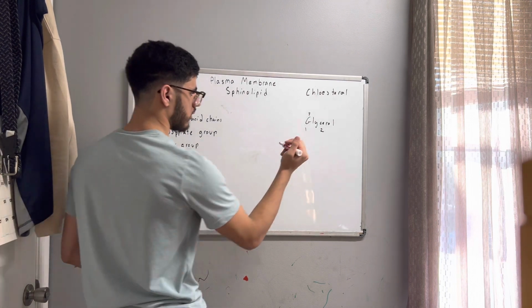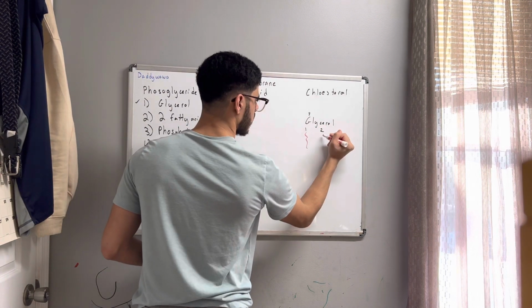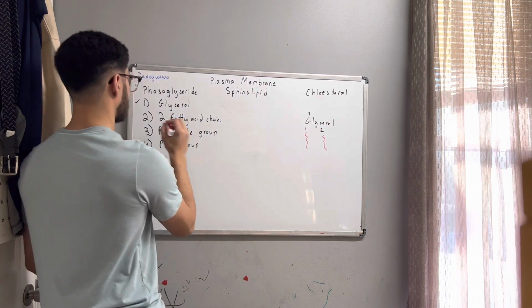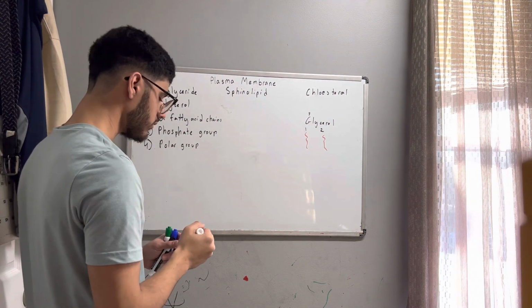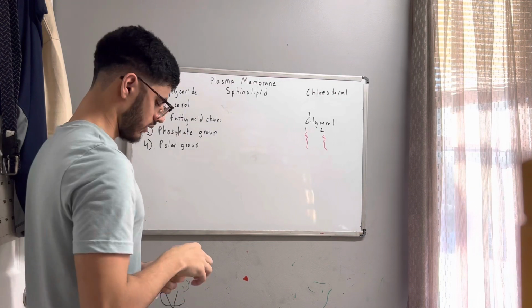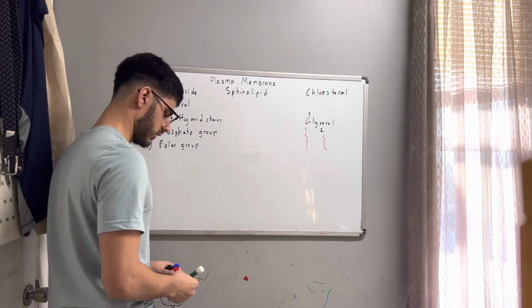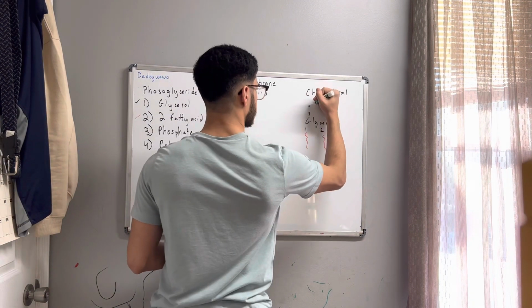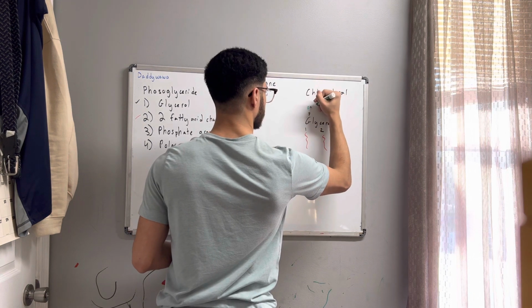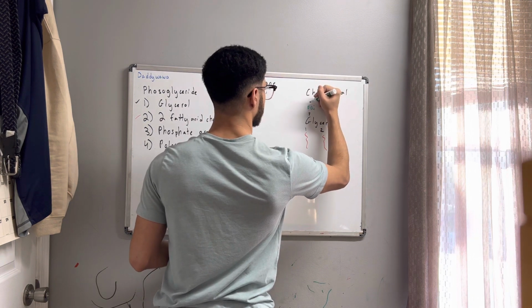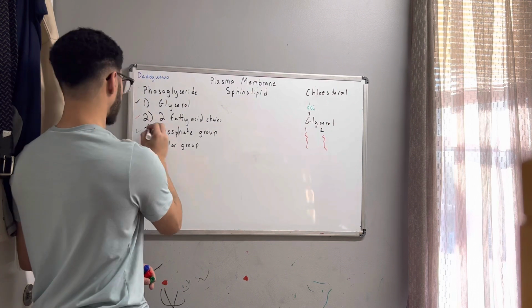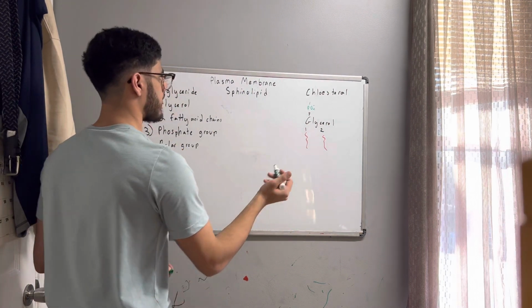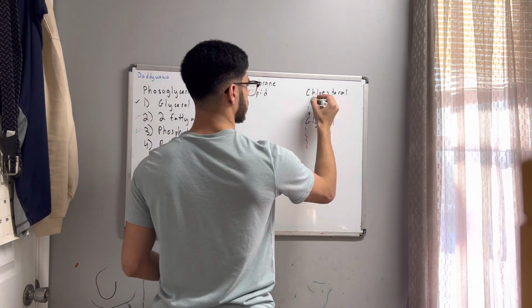That's going to be on carbons 1 and 2. Check that off. Now we need a phosphate group, which is going to be up here at the top. And then we have our polar group. Let's just make a little circle. This is our polar group.